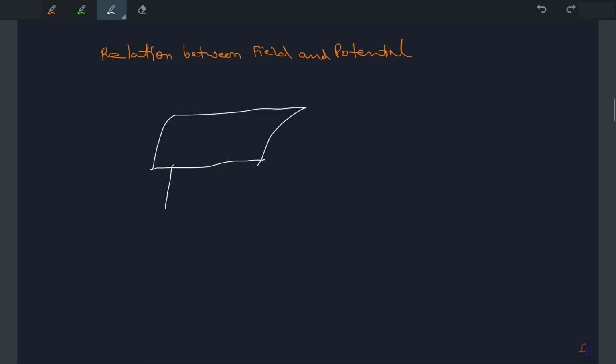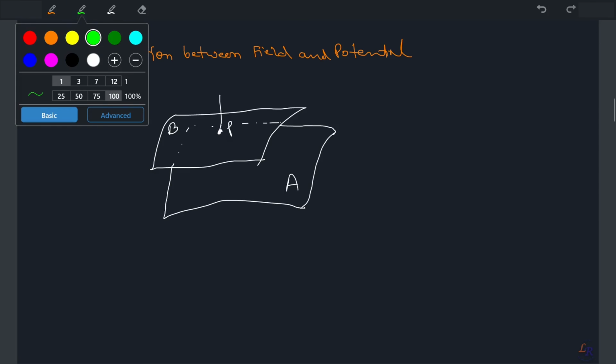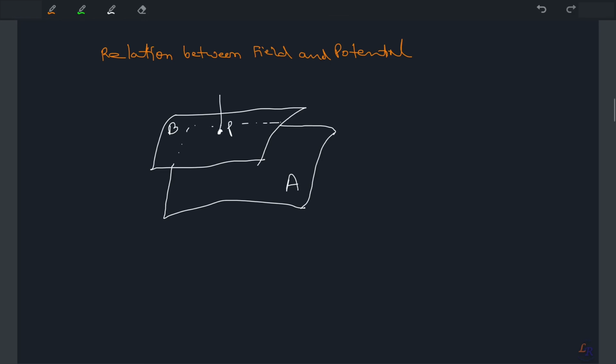and the other surface is for this one, let's say, the bottom one, so just make a shape, and let's say this is your surface A and this is your surface B, and this is some point P on the surface B, and the electric field direction is something like this, right?